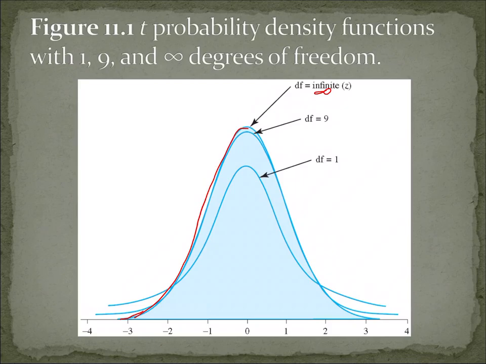As the degrees of freedom decrease, imagine squishing down from the top and pushing down. You can see that the apex, the top part of our distribution, gets squished down, and so the tails get fatter at the end. As your degrees of freedom increase, the tails get skinnier and become more similar to a z distribution.